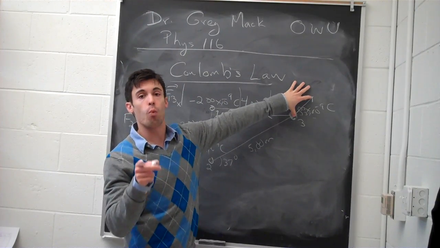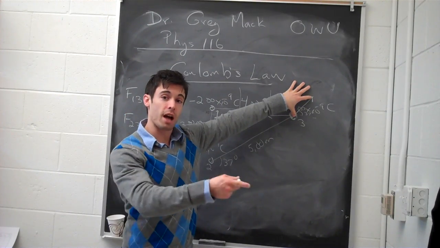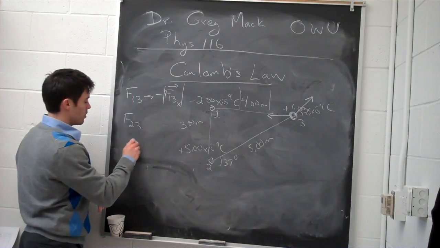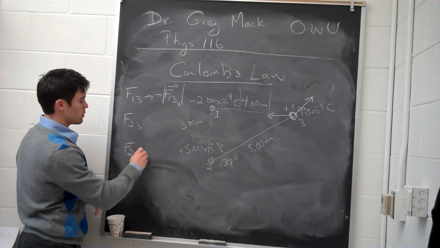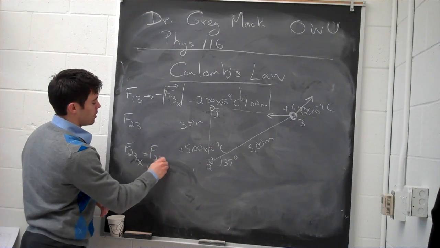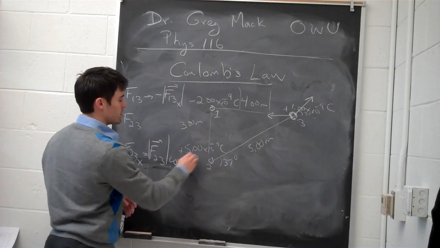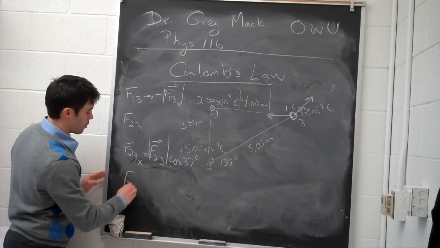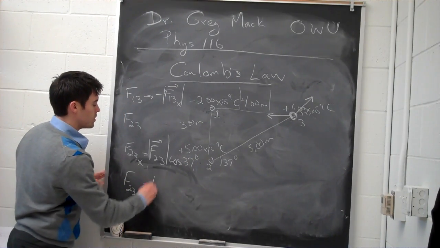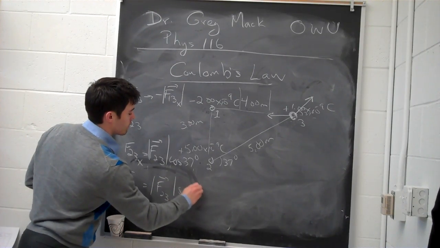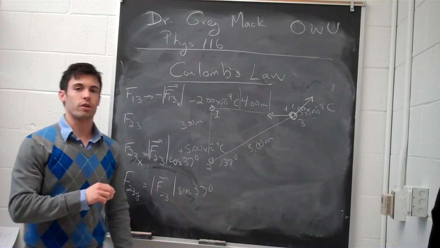But now you have to figure out what component it has along the x and what component it has along the y. So F23x would be equal to F23 cosine of 37 degrees, and F23y is equal to F23 times the sine of 37 degrees.